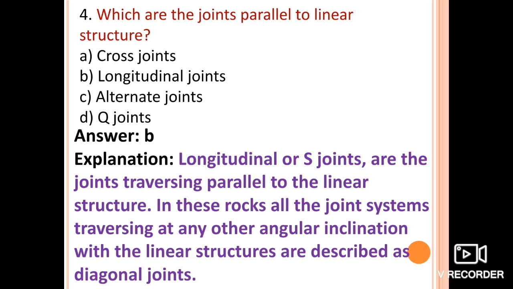In longitudinal or S joints, the joints traverse parallel to the linear structure, while in diagonal joints the joint system traverses at an angular inclination with it. In the first video we discussed diagonal joints, which are also known as oblique joints. So option B, longitudinal joints, is the right answer.